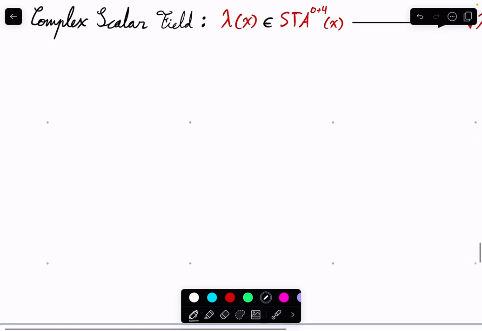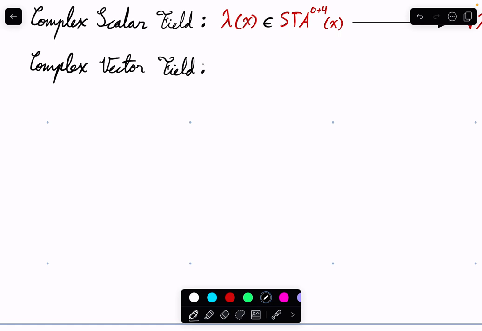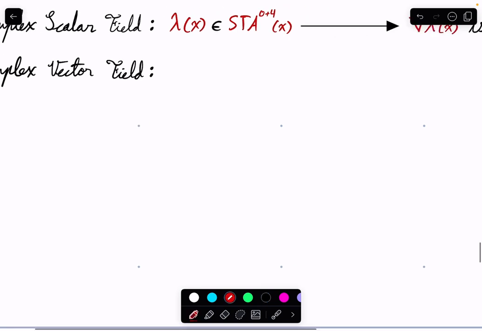So let's look then at a complex vector field. We have a complex vector field, say that's z of x in the STA 1 plus 3.